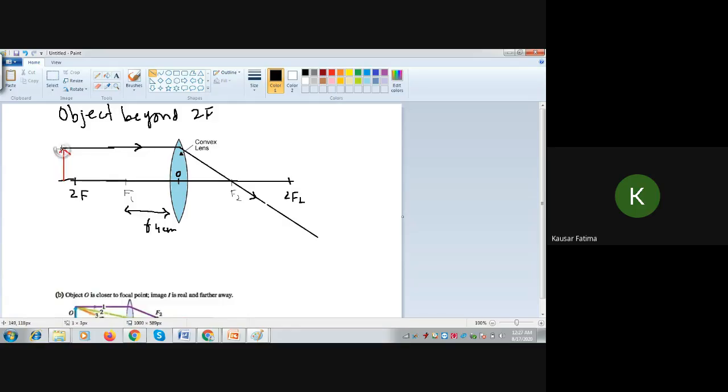Another ray strikes here. I will redraw.